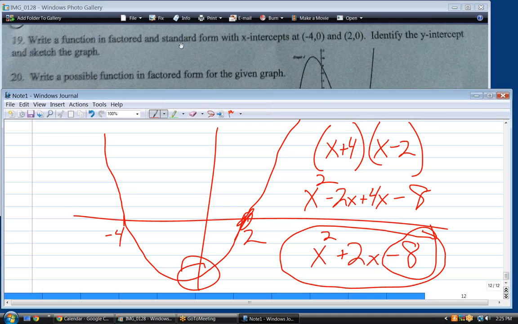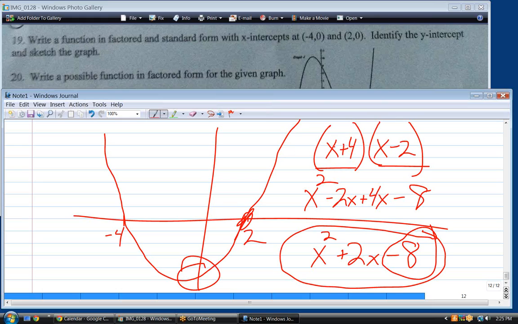So that's all there is to problem 19. These are called the linear factors, and they're based on the fact that I know the zeros of the function occur at minus 4 and 2, so the linear factors are x minus a minus 4, or x plus 4, and x minus 2.